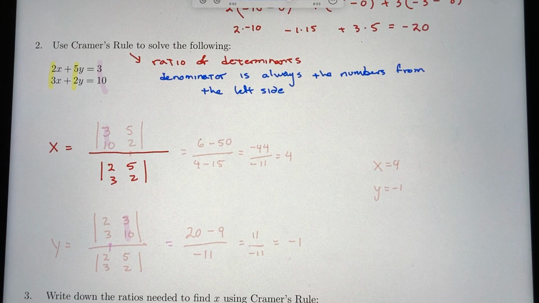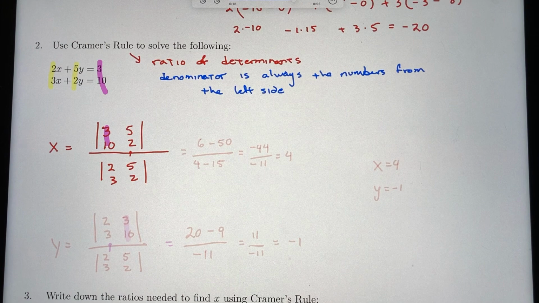Okay, on the numerator, I'm going to replace a column. So for x, I replace the x number column by 3, 10. So I'm going to keep 5, 2, but I'm going to replace the 2, 3 by 3, 10.